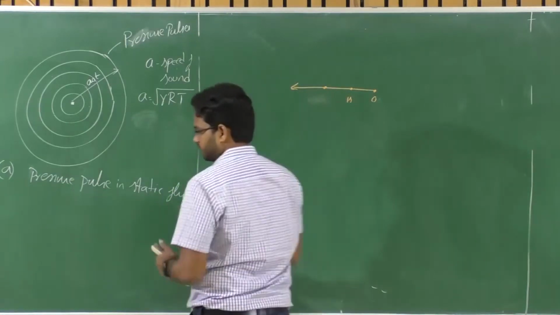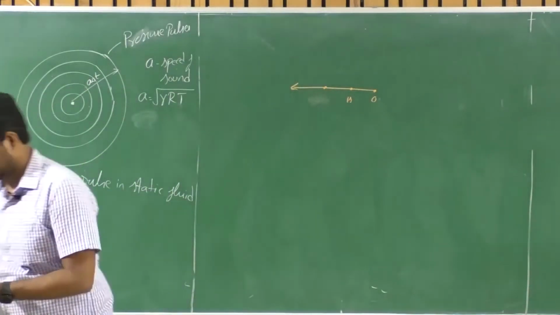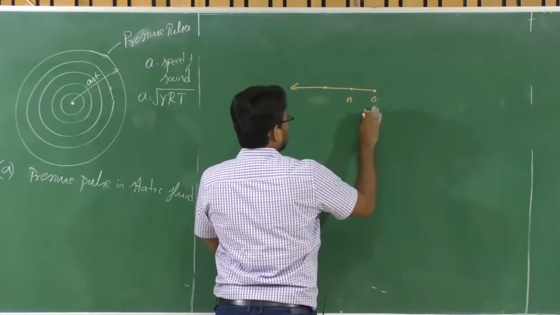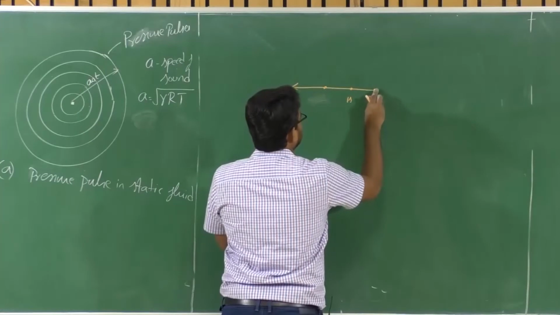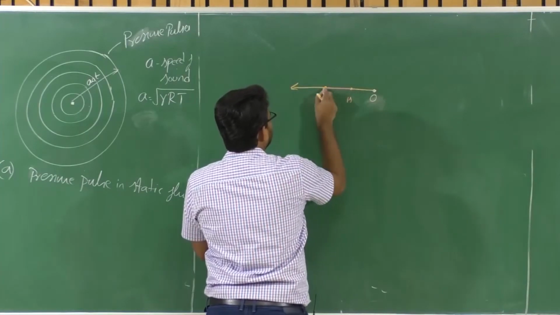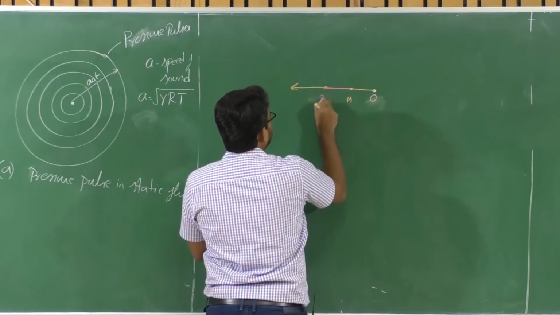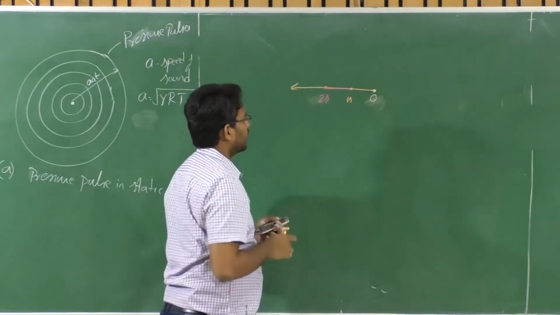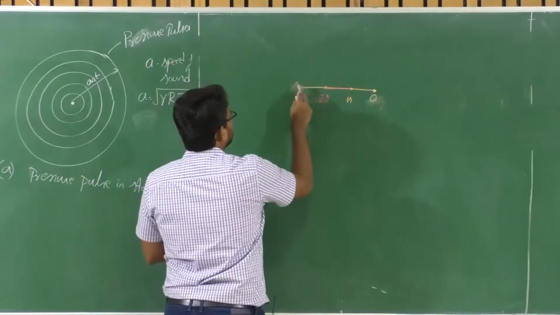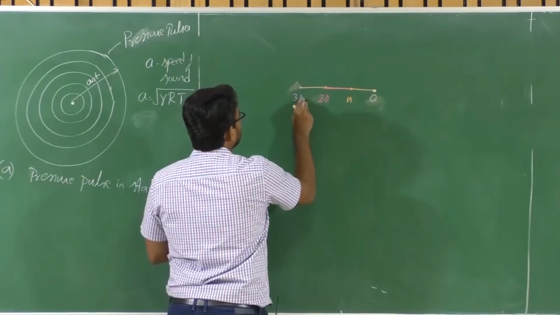So this is at 0, that is at 1 second, and you have traveled another distance, and you are trying to find out the disturbance at 2 seconds, and then also at 3 seconds.